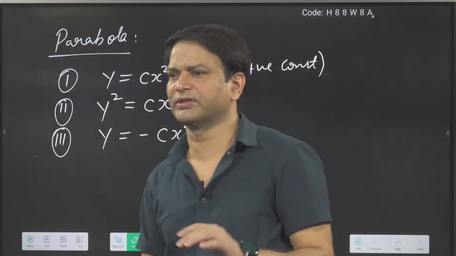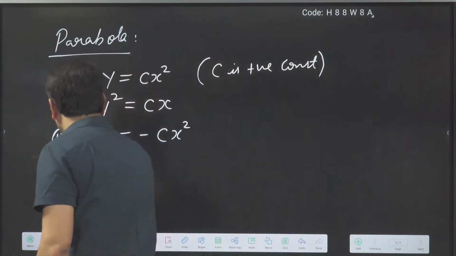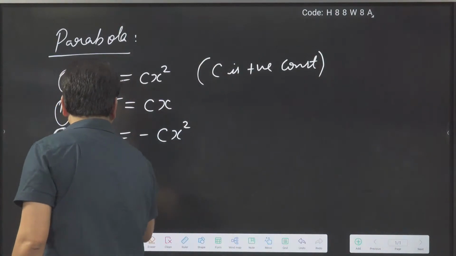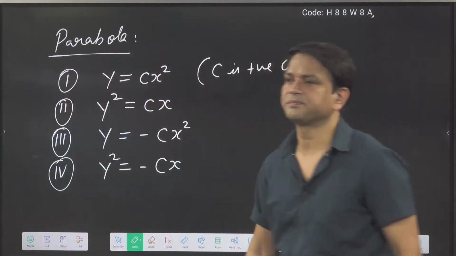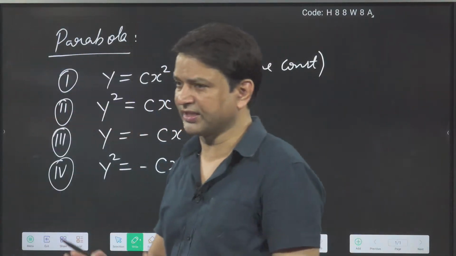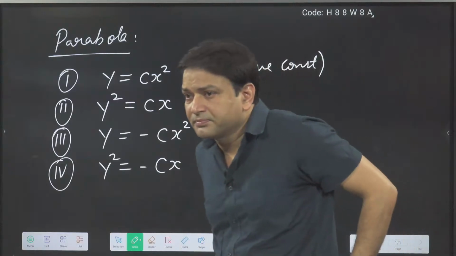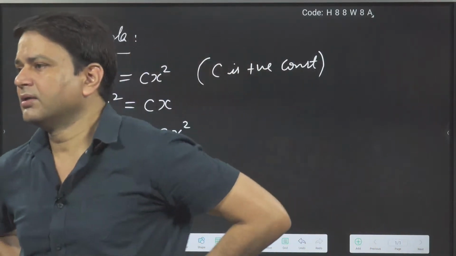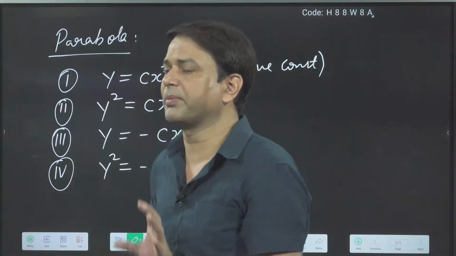One side positive, one side negative, then it is also a possibility. And another I can say is y² = -cx. Mostly we will get these parabolas in physics. Everybody got it or not? So how will we decide? One variable's power 1, the other variable's power 2.